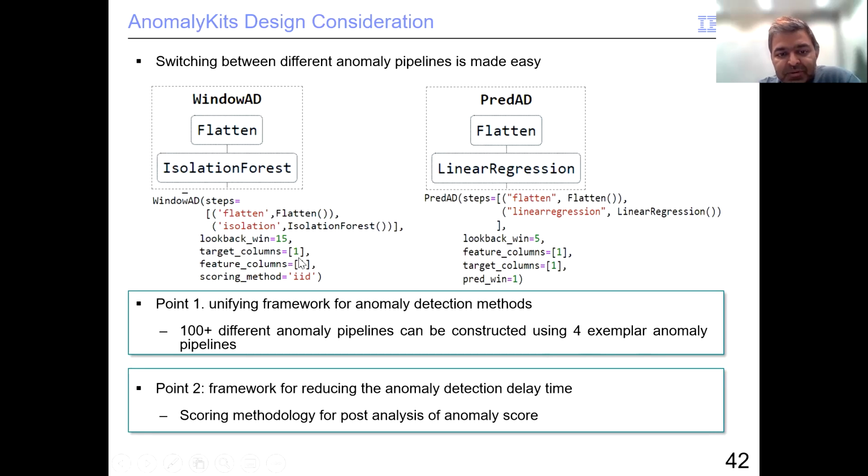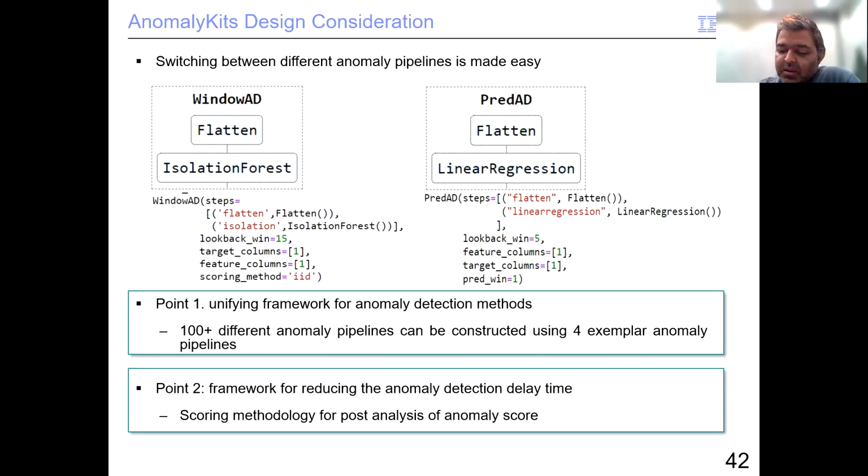The rest of the parameters still remain the same. So the design that we have adopted makes switching between different anomaly pipelines easy and convenient. And by adopting this kind of design, a data scientist is capable of exploring different types of anomaly pipelines.